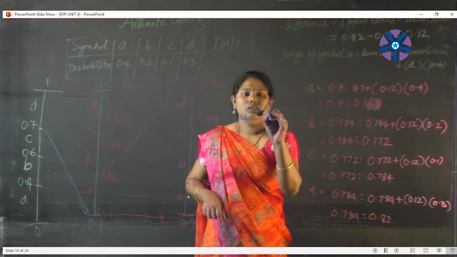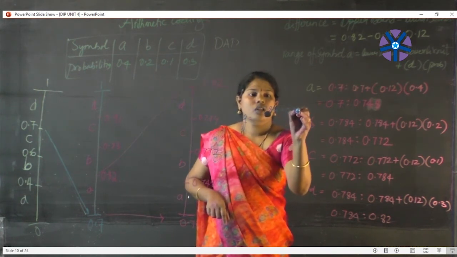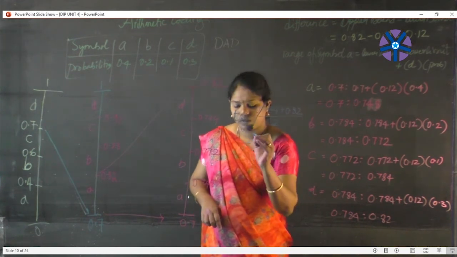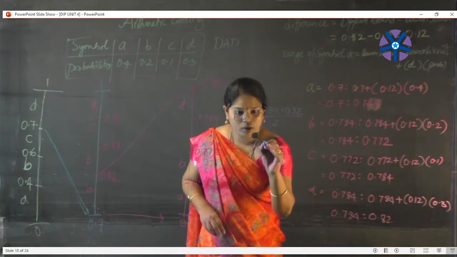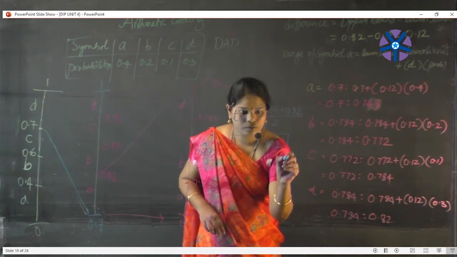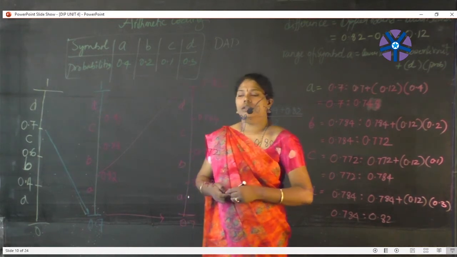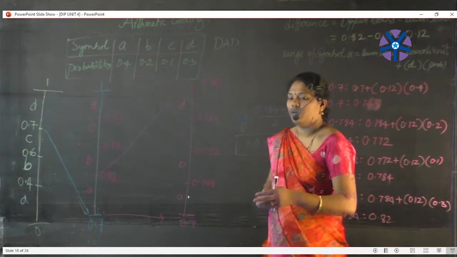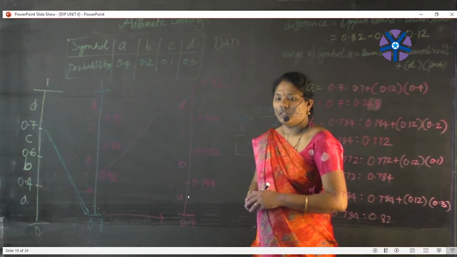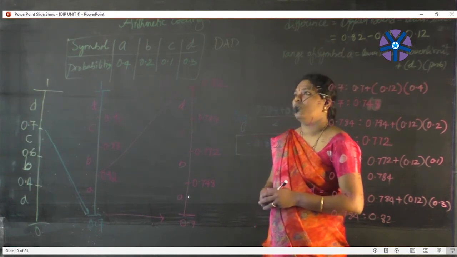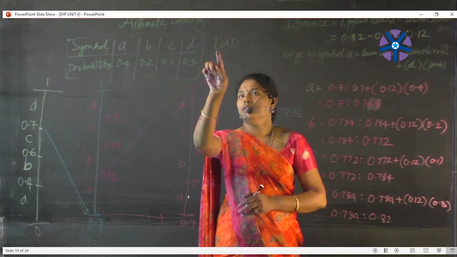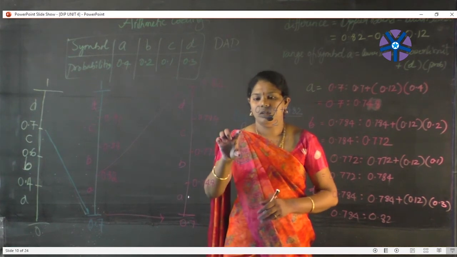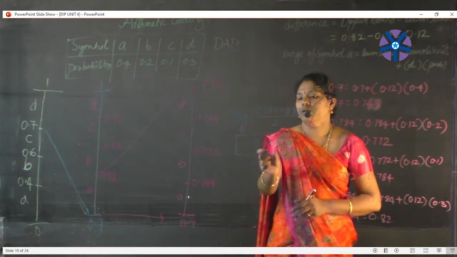The average of that range, 0.784 plus 0.82 divided by 2, is equivalent to 0.802. This is the compressed output we send through the channel. This is arithmetic coding. Here we considered a three-letter word DAD, and we represent it with only a single floating point number, 0.8.